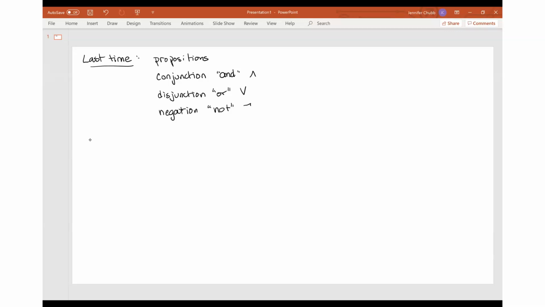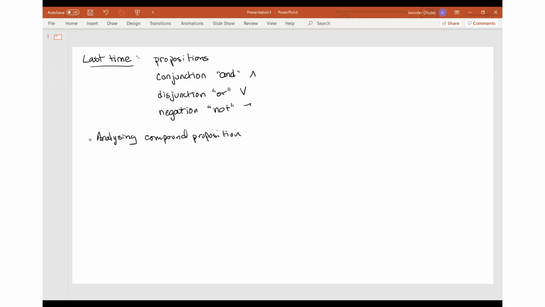Let's see. So the very last thing we left off with was an example of a compound proposition, and making a truth table to analyze it. And somebody asked a little while ago about what happens when you have a lot of variables and the truth tables end up getting very large.